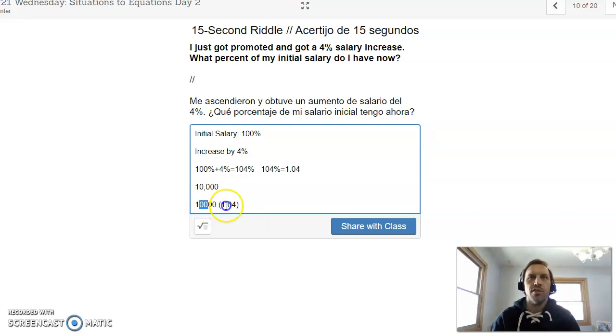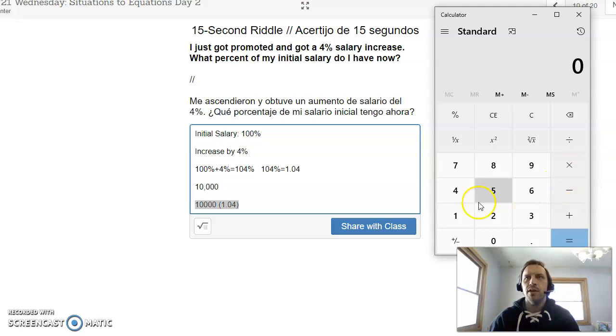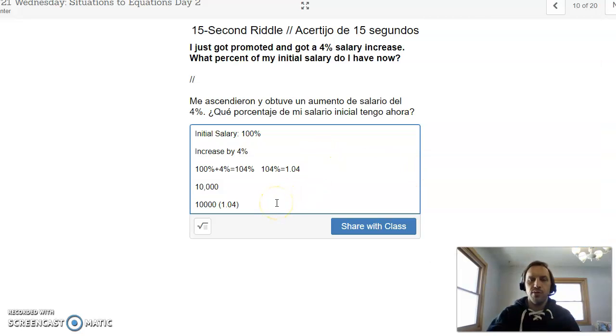So take 10,000 and multiply it by 1.04. And let me just pull up this calculator here. So I have $10,000 times my new increase is 1 plus that 4%. And so my new salary is going to be $10,400. I got a $400 raise because 4% of 10,000 is 400.